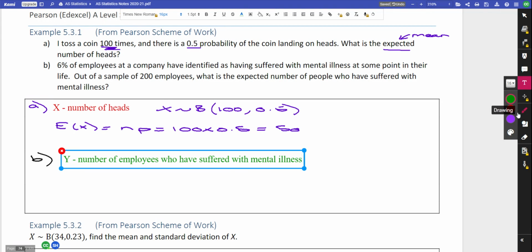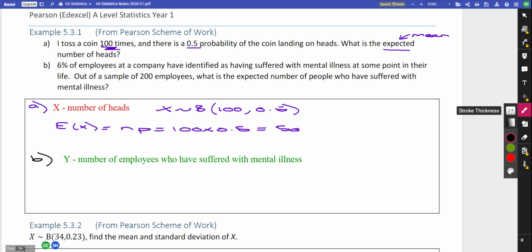I'm putting that into our notation. So we've got y binomial. Well, it was a sample of 200. So n is 200, n is the sample size, and the probability is 6%. So that's what we've identified. Put that into decimal form, it's 0.06.